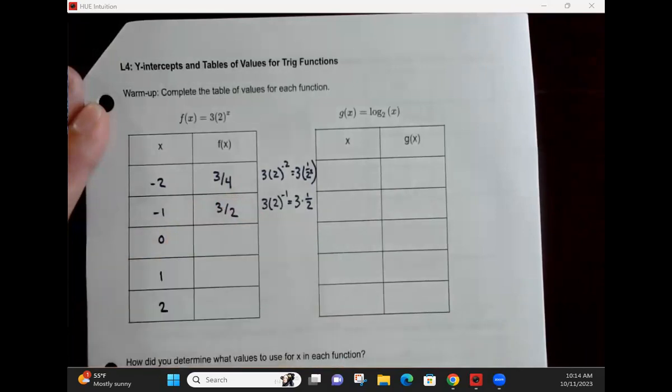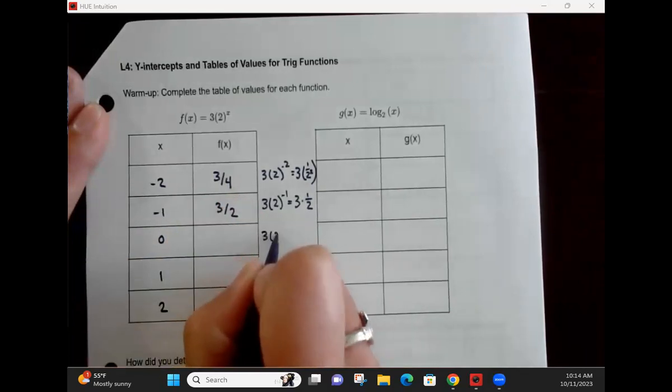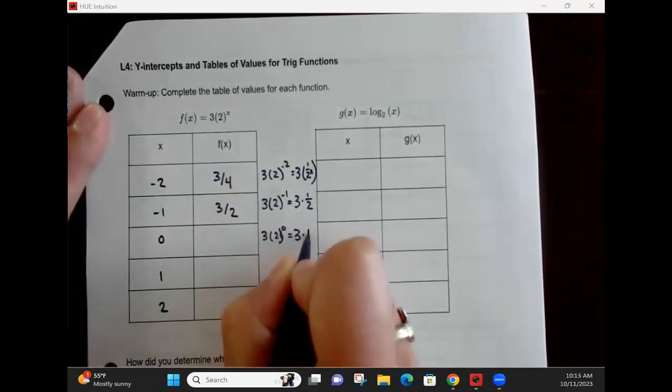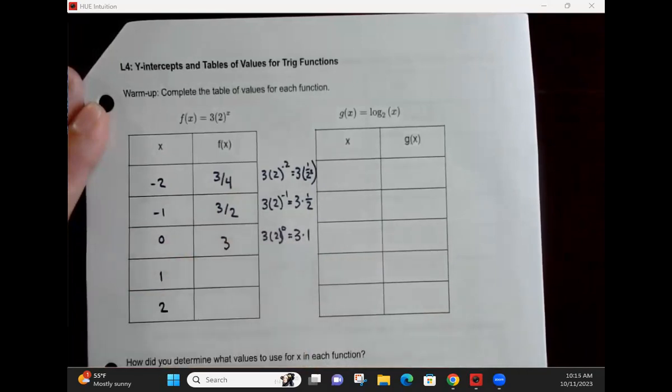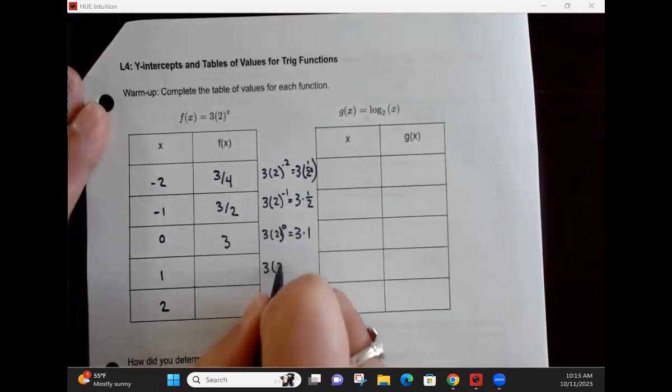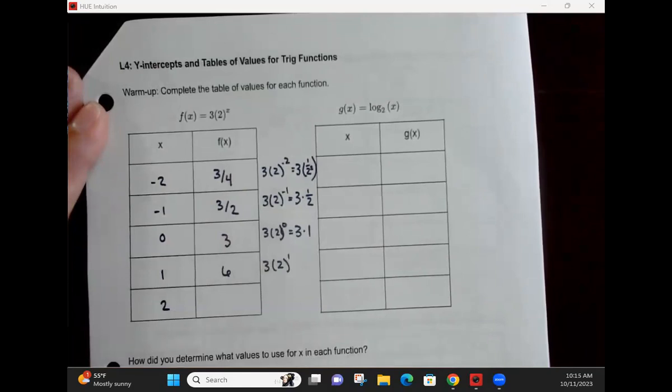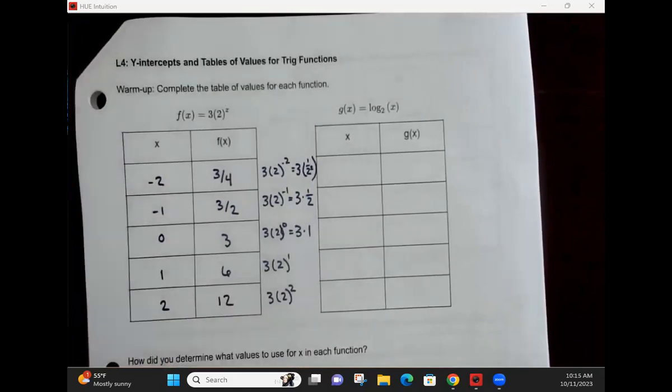So 3/2. 3 times 2 to the 0 power would be 3 times 1, which is 3. 3 times 2 to the 1st is just 3 times 2, which is 6. And then 3 times 2 squared would be 3 times 4, which is 12. Not too bad.